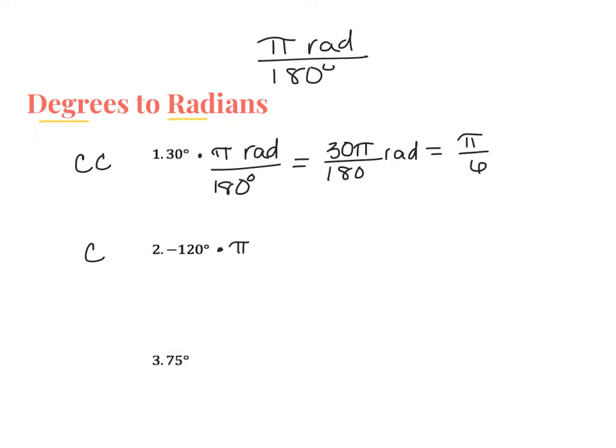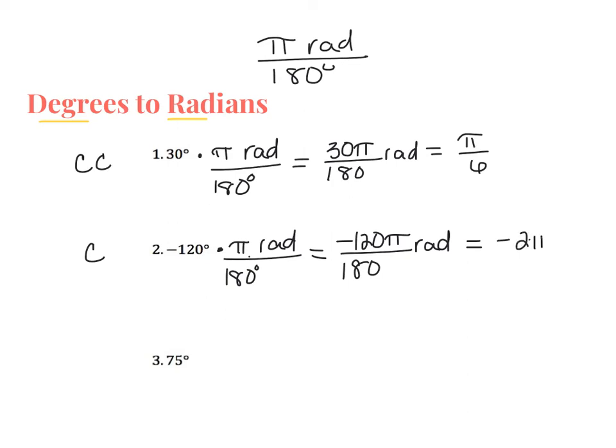Again, we'll use that same conversion factor, multiply by pi radians over 180 degrees. So really, again, what you're doing is you're looking at negative 120 over 180. Your units of degrees cancel out to be your answer in radians. You reduce your fraction and get negative 2 pi over 3.